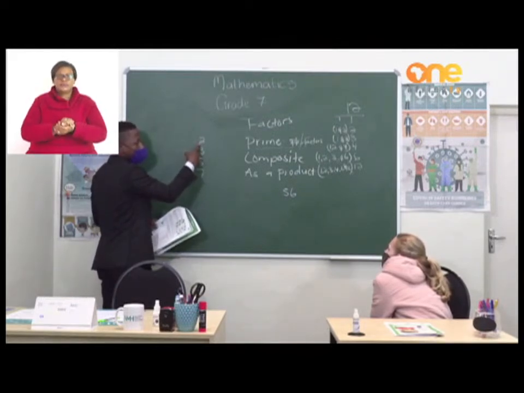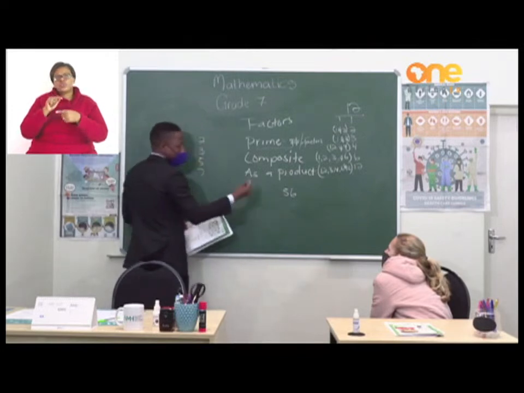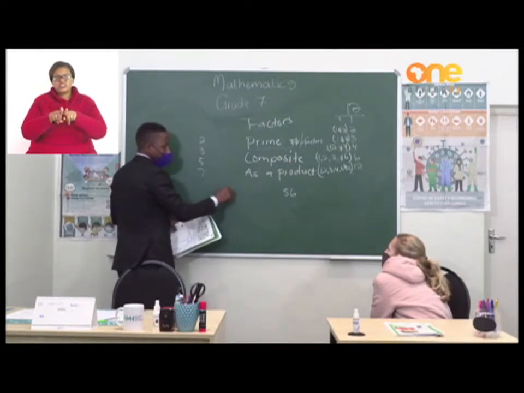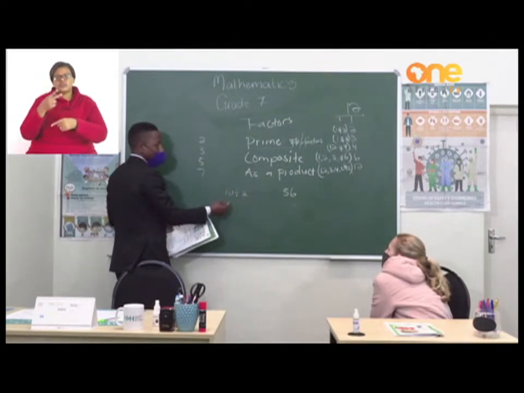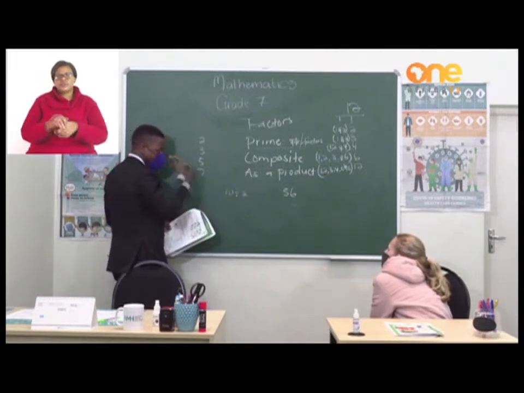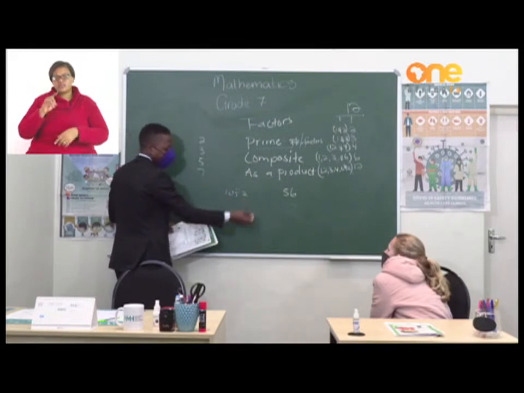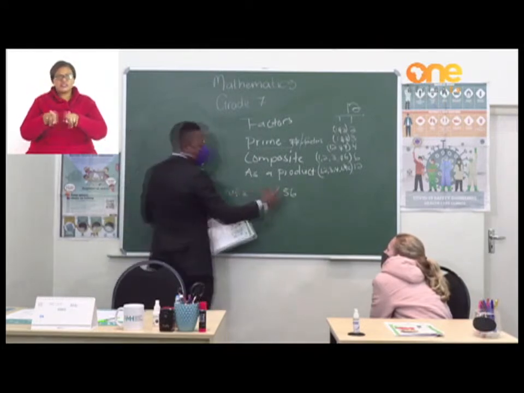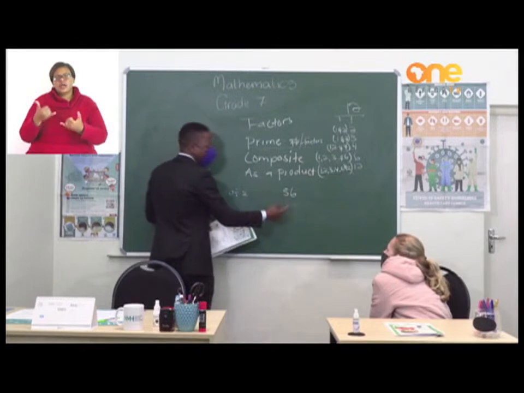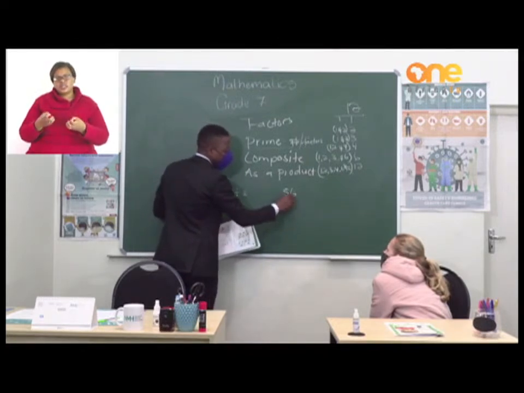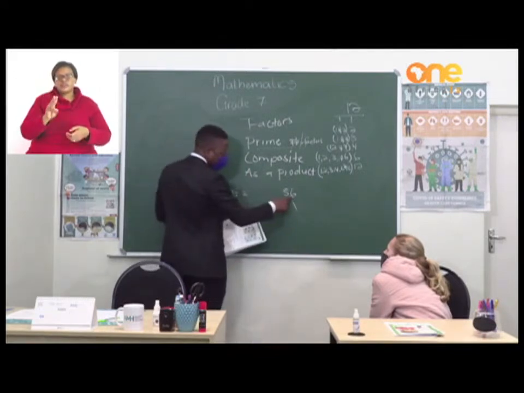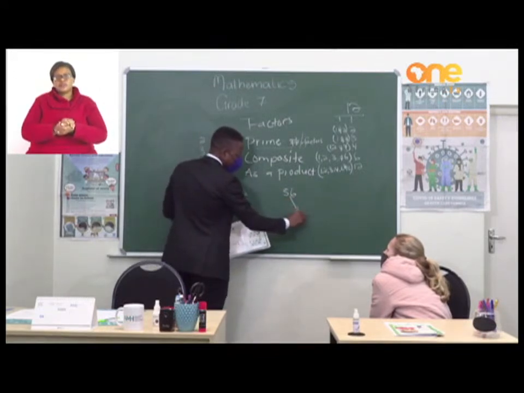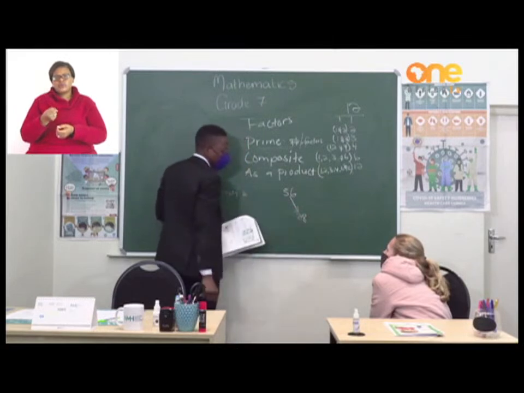When you divide by 2, you are halving. Just an example, 10 divided by 2 gives you 5. So it's the same as saying half of 10 is 5. So in this case, we need to halve it. If you halve 56, you get 28.